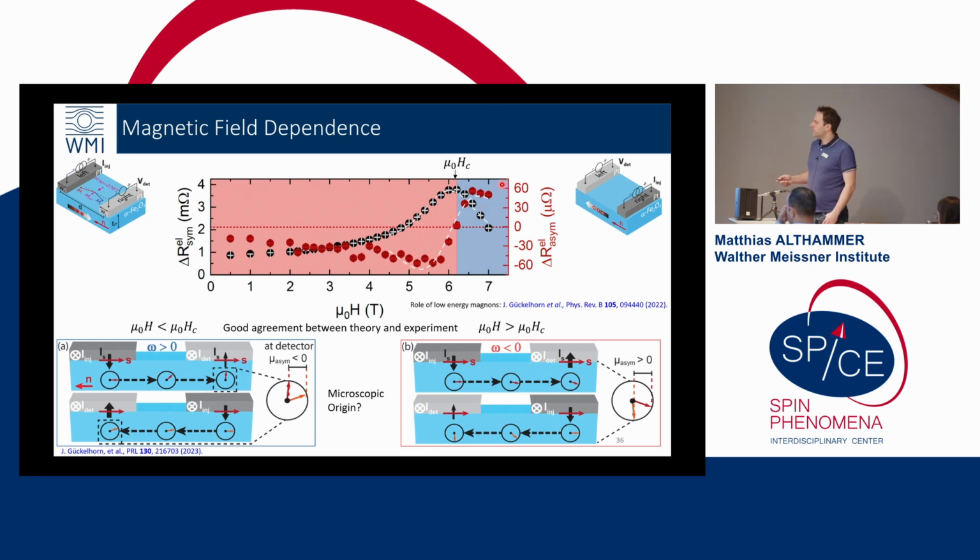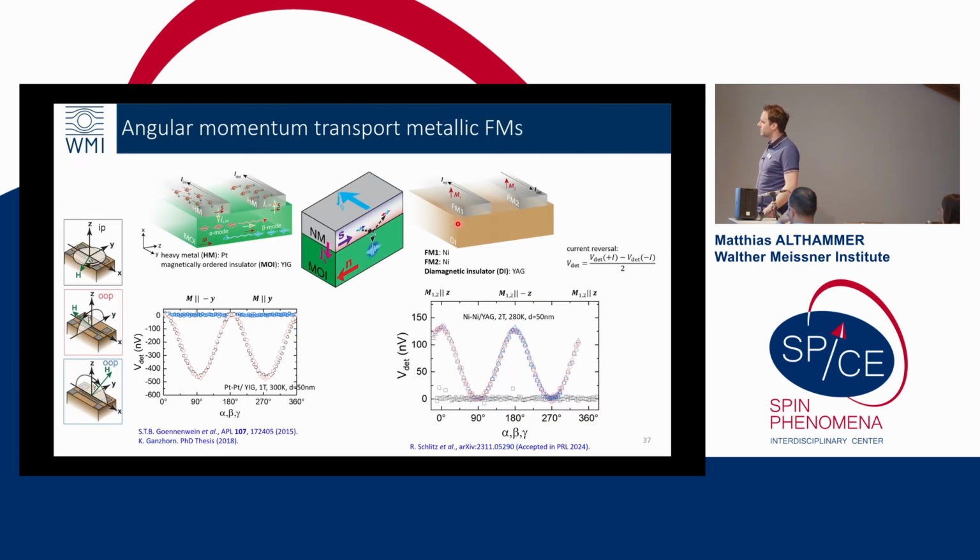But for the red data points, that's the asymmetric signal, and you see it changes sign around the compensation point, already confirming what we expected from the theory. One of the problems is that the microscopic origin is still unclear, so what causes this asymmetry in the minus k direction is something we still need to analyze in the system.